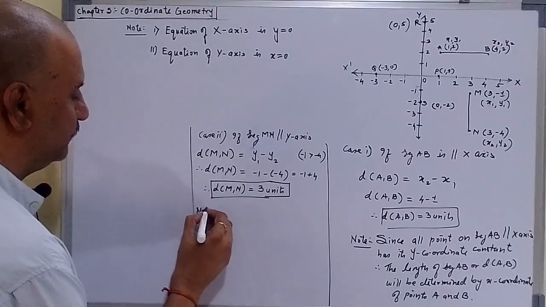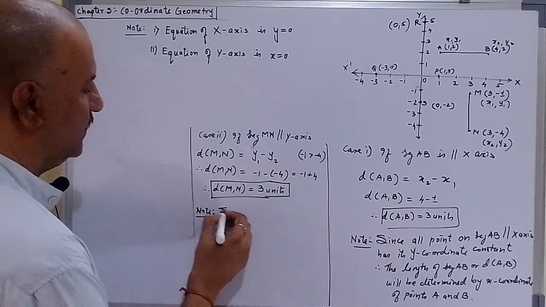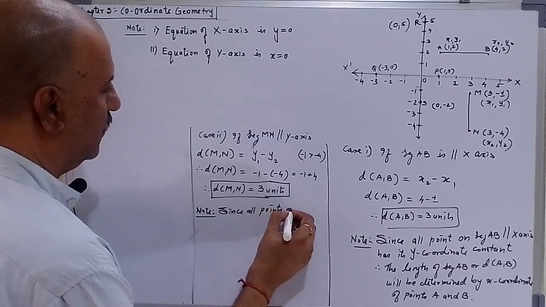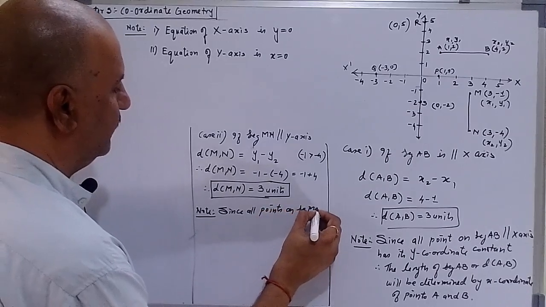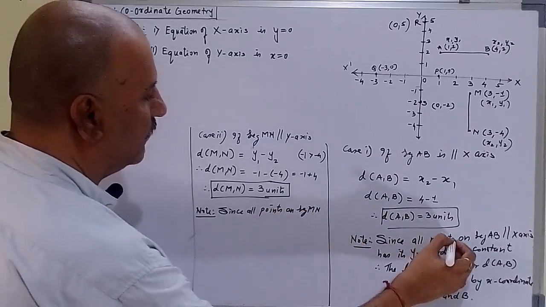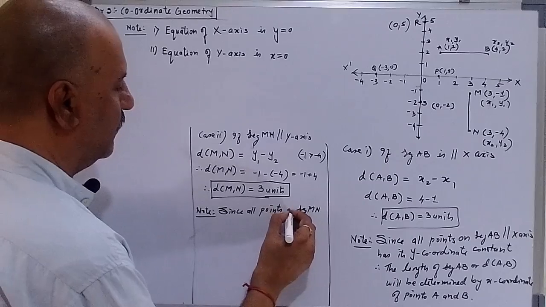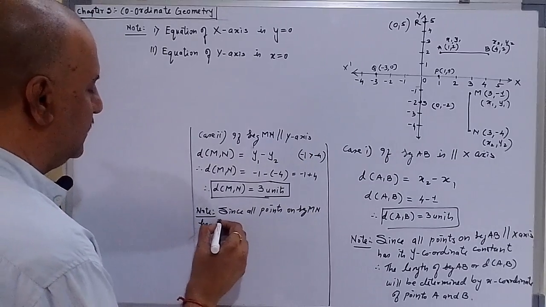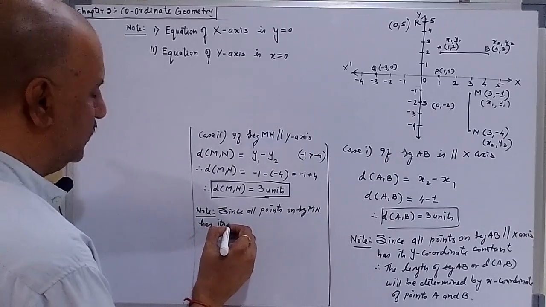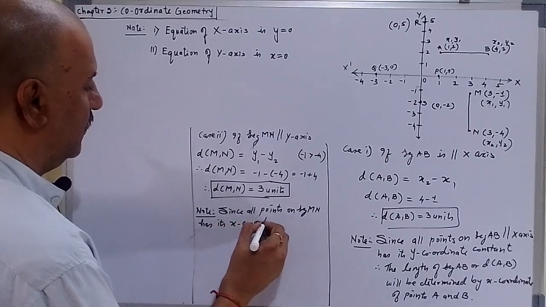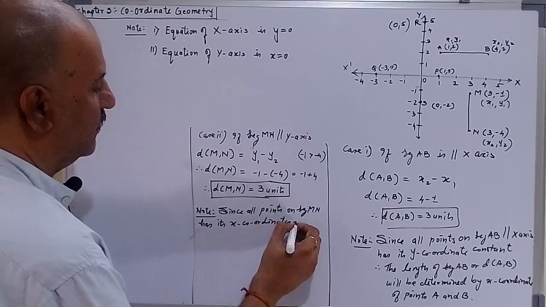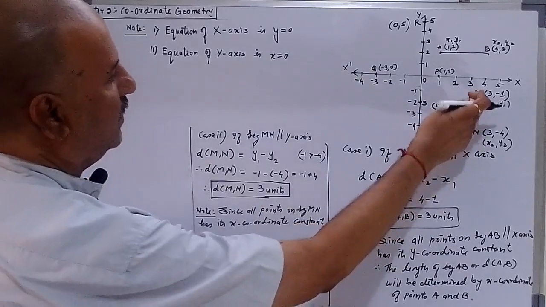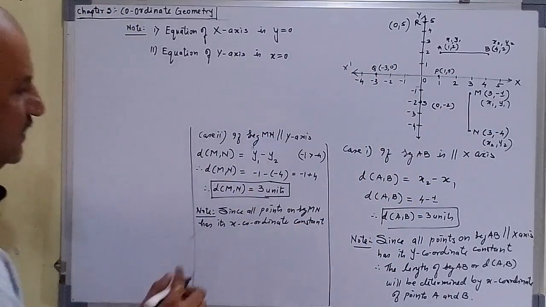नोट लिखो. Same way, since all points on seg mn have their x coordinate constant. देखो यहां भी 3 है, यहां भी 3, x coordinate constant because mn is parallel to y axis.